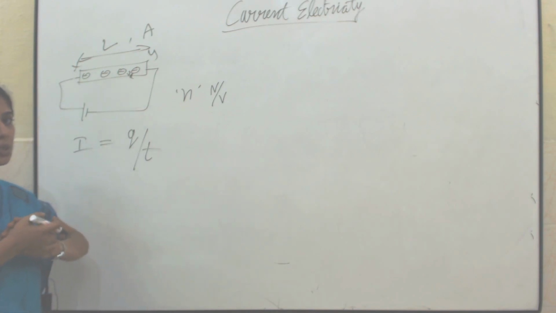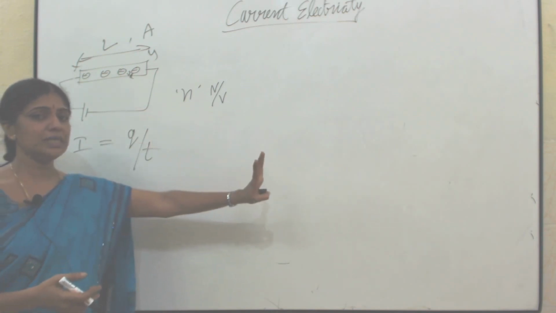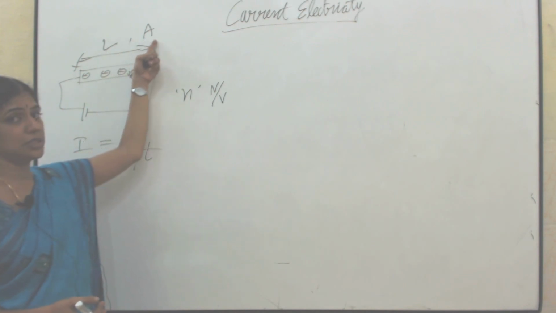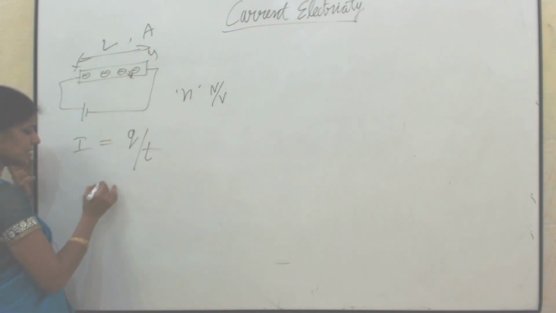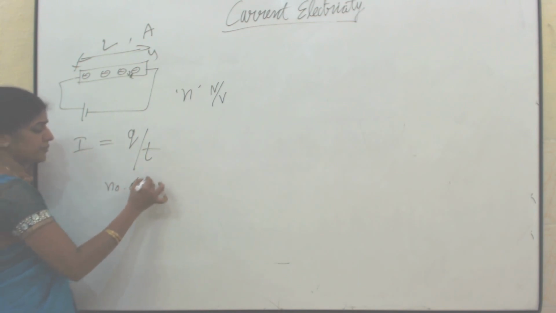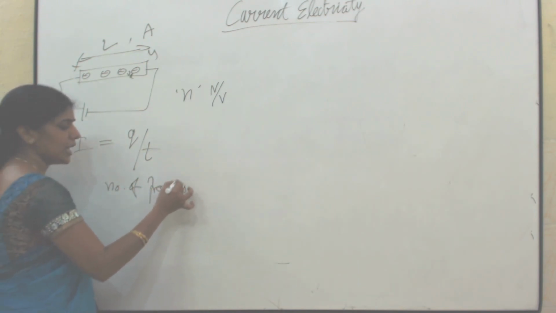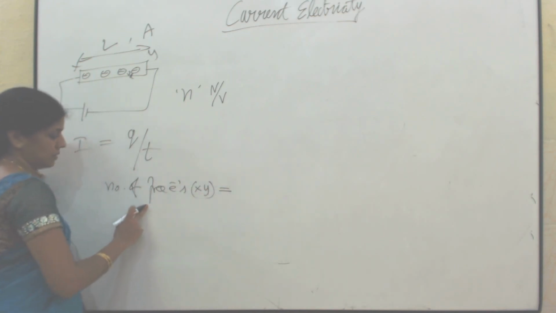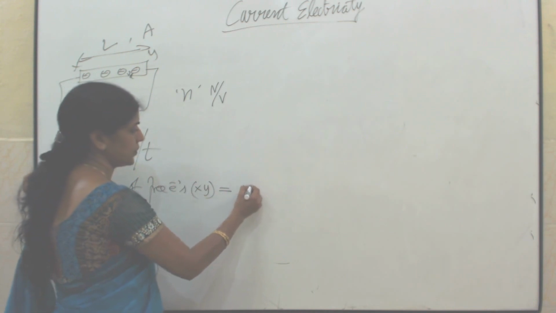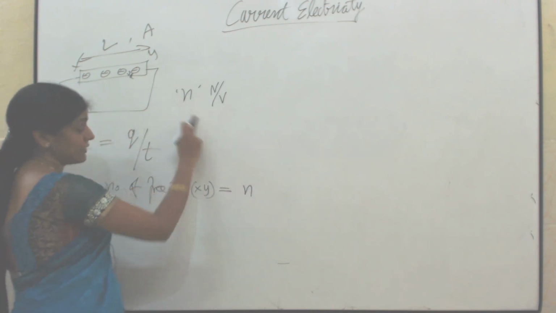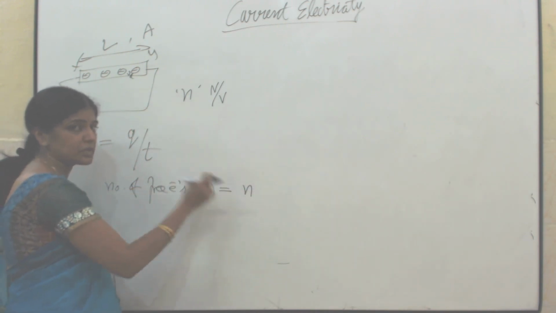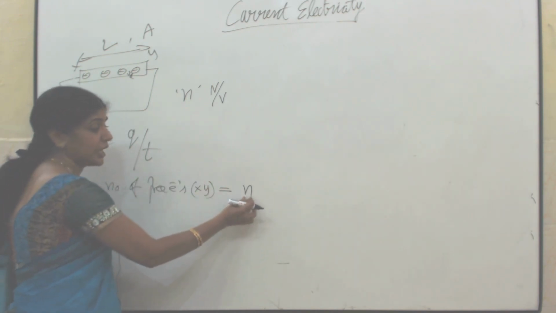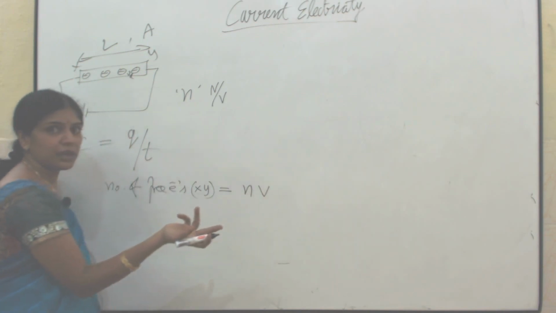Now you want to find out the number of conduction electrons in this conductor XY. I have taken small n as the number of free electrons per unit volume. Now I want to find the total number of free electrons in this conductor XY of length L and area of cross section A. In each unit volume there are this many free electrons, into the volume of the conductor.